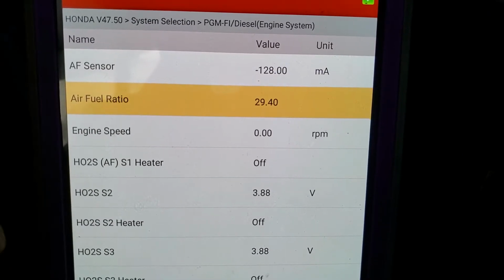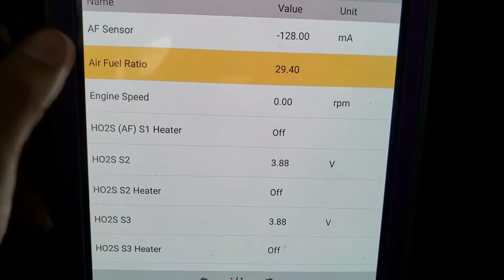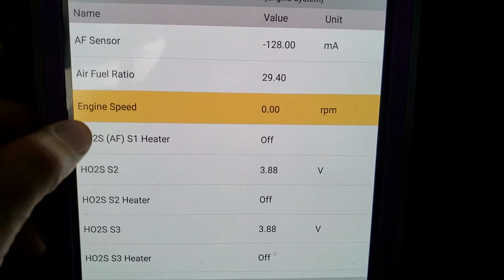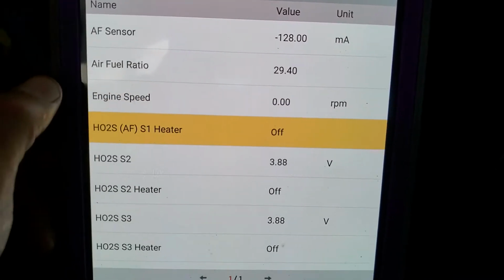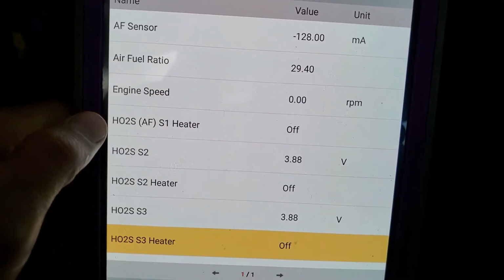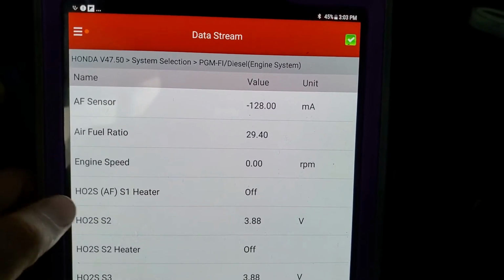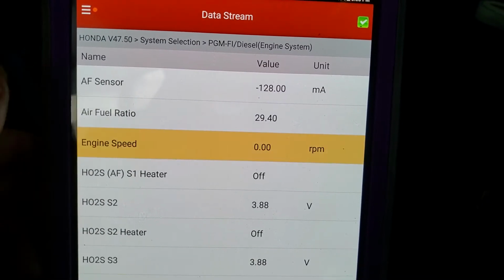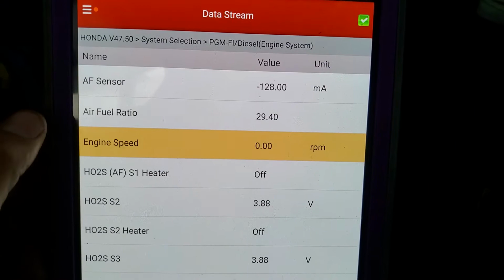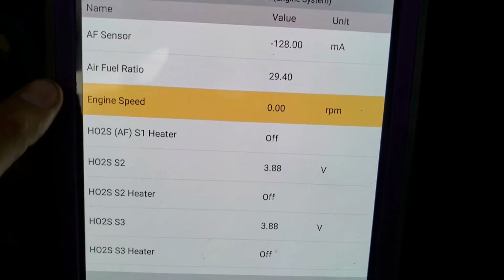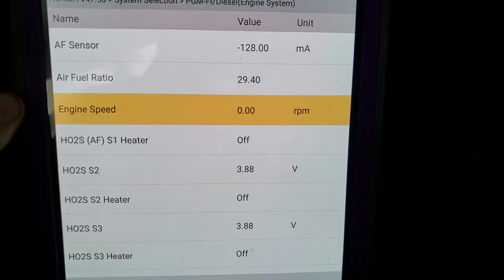Air fuel ratio, that's default, key off. The vehicle is not running, we know that. That one is off, that one is off, that one is off. So let's start the vehicle and figure out what happened. All the data related, we have only 2 air fuel sensors.